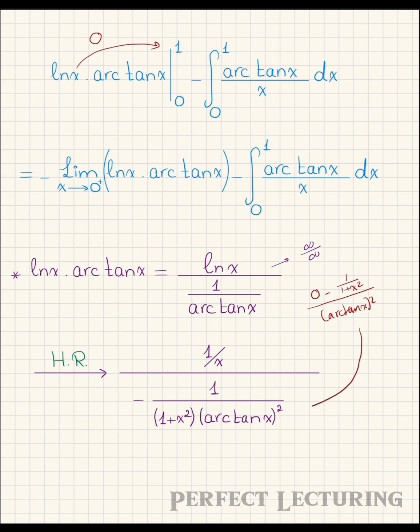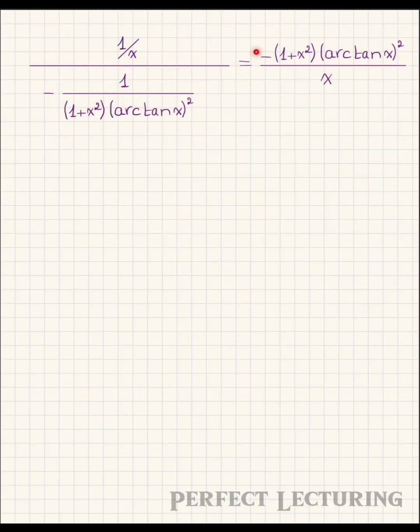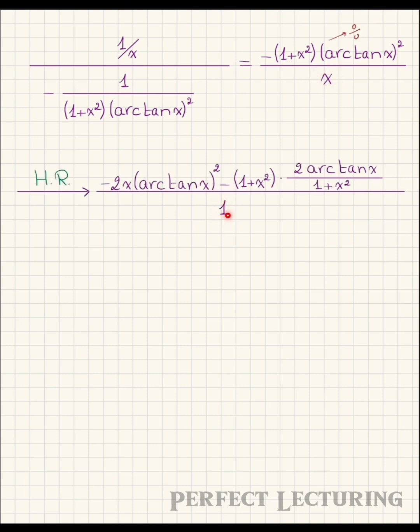And of course, we can write it like this. Of course, this fraction is equal to this as well, which approaches 0 over 0. So again, we have to apply L'Hopital's rule. The derivative of x is equal to 1. To find the derivative of the top, we have to apply the product rule. So it is the derivative of the first term, that's 2x, times the second, plus the first term multiplied by the derivative of the second.